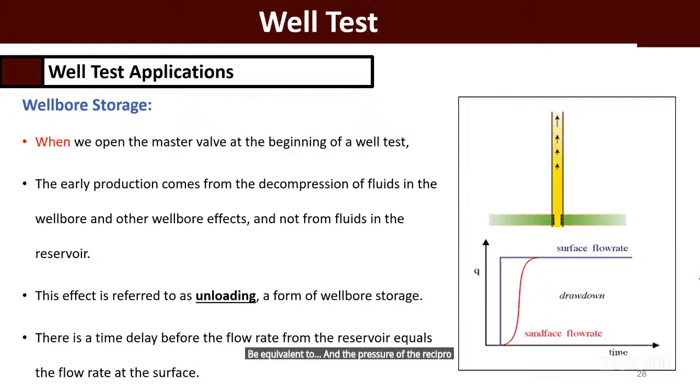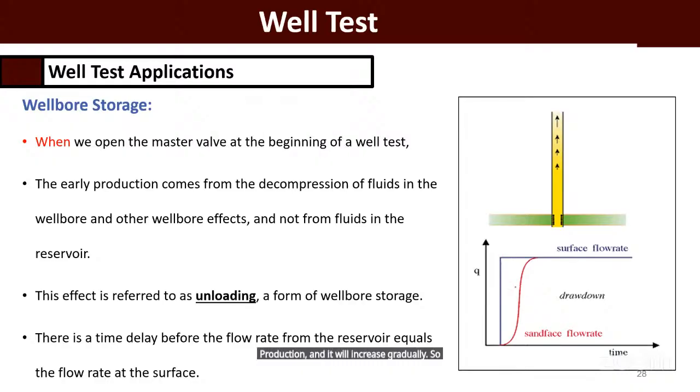And this is normal because it should stabilize at the pressure of the reservoir. So when I open the well, it will produce from this column, from the wellbore, and the formation will not share. The formation will start to share once I have produced some volume, and it will increase gradually.